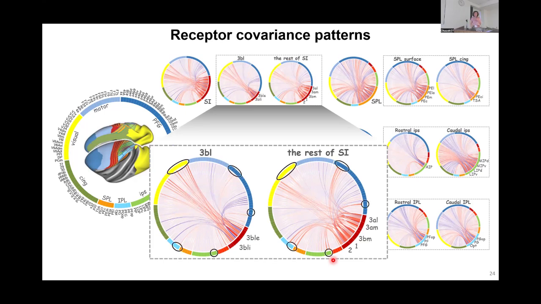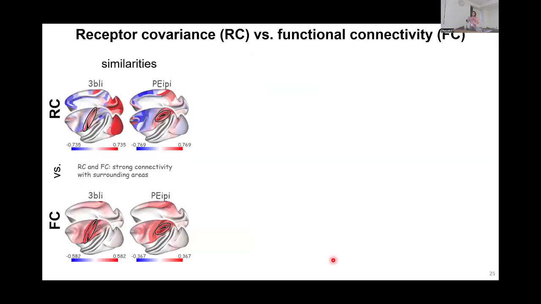Now, when I look at the comparison of the receptor covariance patterns and functional connectivity patterns, we have both similarities and differences. And for all the areas that Meiji analyzed here, what we find is that the functional connectivity and receptor covariance is always strongest with the surrounding areas than with more distant areas.